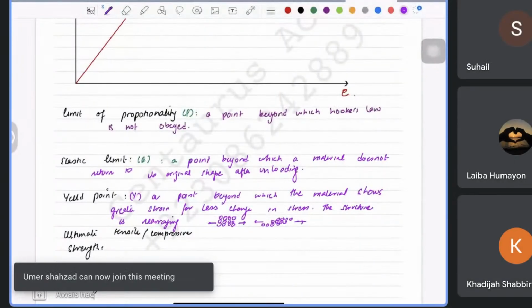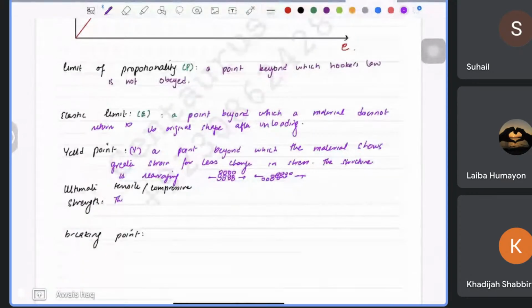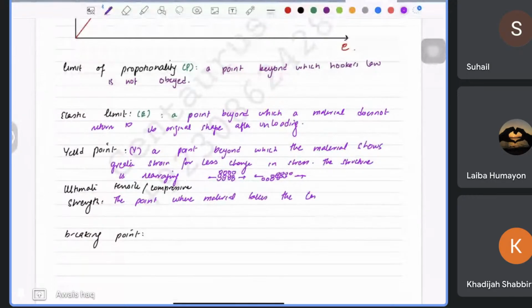Finally, you have ultimate tensile or compressive strength, but basically this is the point where the material takes the largest load or largest stress, let's say.